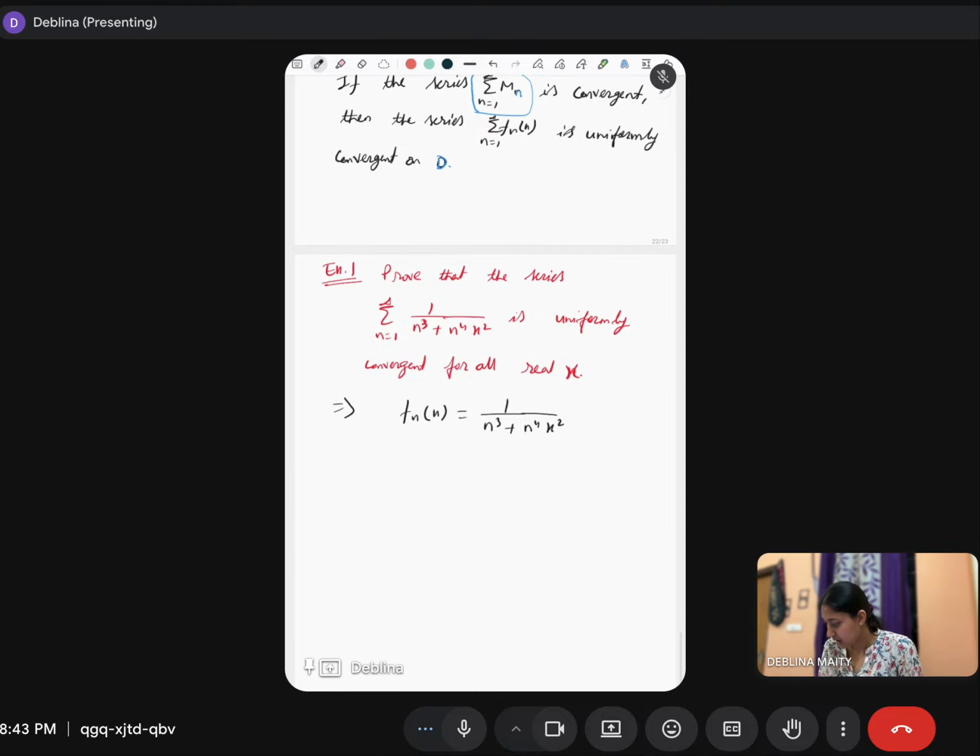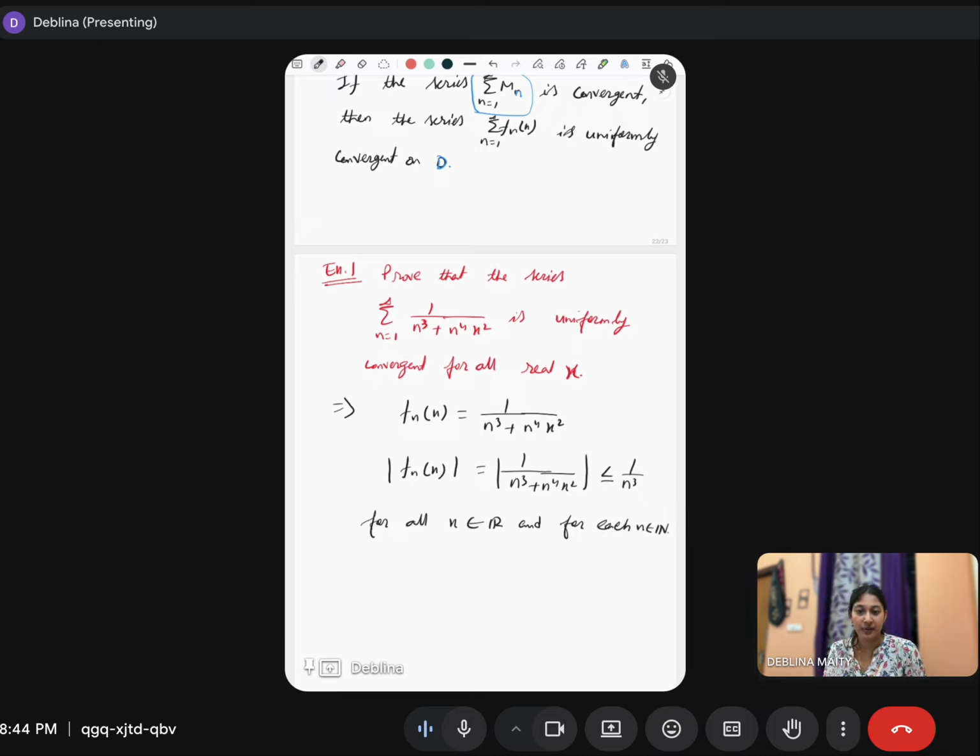So here we see that mod of F_n(x) equals 1 by n cube plus n to the power 4 x square, which will always be less than or equal to 1 by n cube, for all x belongs to R and for each n, right?